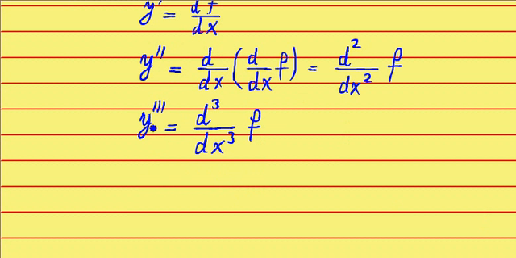Now in this notation, if we want to go beyond 3, we can use Roman numerals, or sometimes we just start writing numbers. Now if I just write 4, the danger is that it's going to be confused with the power of 4. To make sure that we can convey to a reader that I intend to differentiate 4 times, they use the number of differentiations, put it in parentheses to indicate that that's what they really want to do. So in this prime notation, that is going to be written in this style.